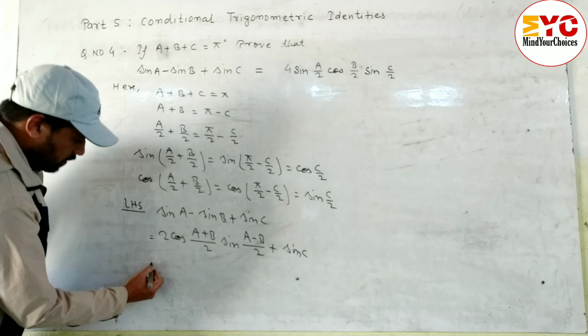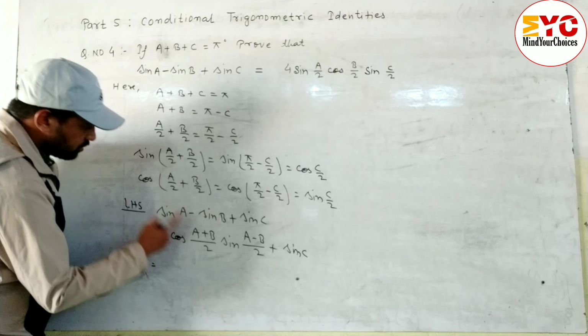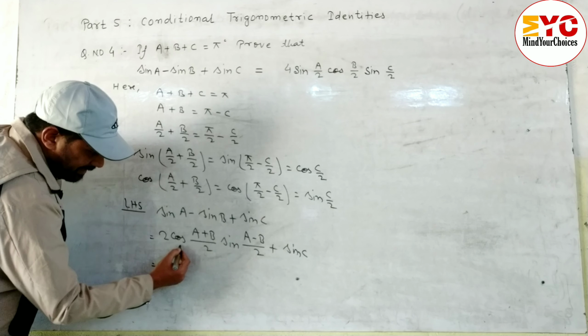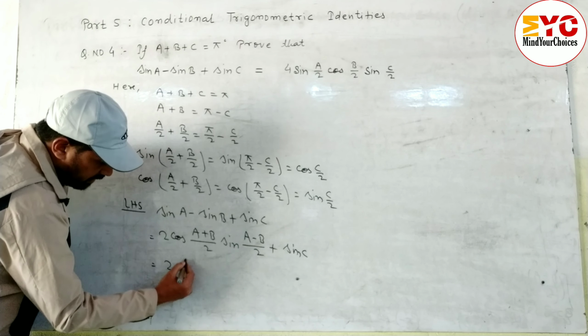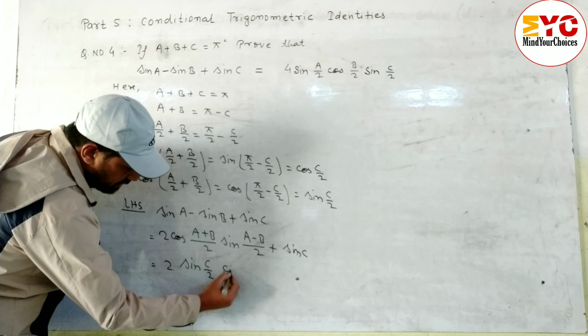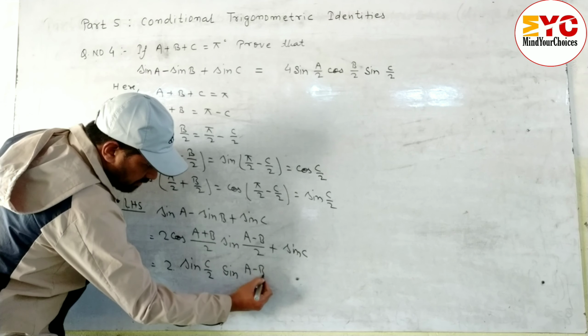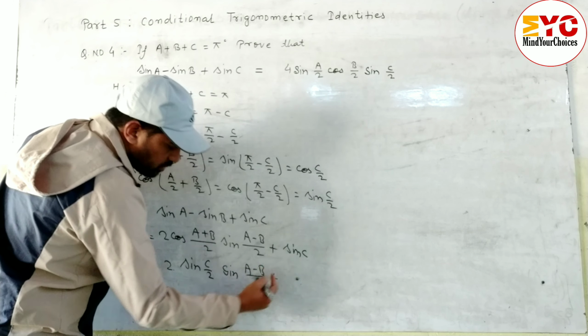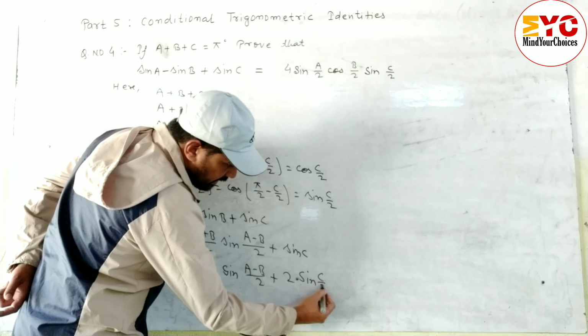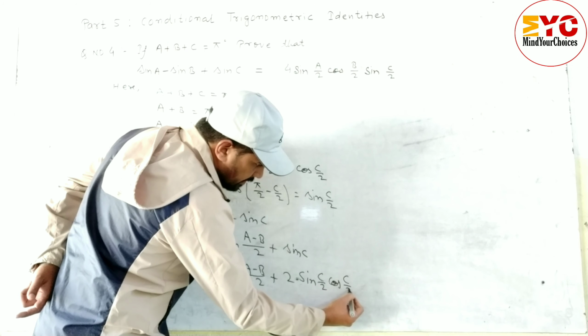Okay. Now what is the value of cos of (A plus B) by 2? Cos of (A plus B) by 2 is sine C by 2. So in place of cos of (A plus B) by 2, we can write sine C by 2. Here 2 sine C by 2 times sine of (A minus B) by 2 plus, for sine C, the formula 2 sine C by 2 cos C by 2.